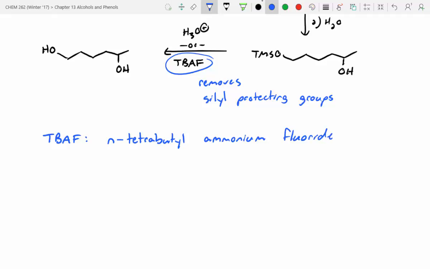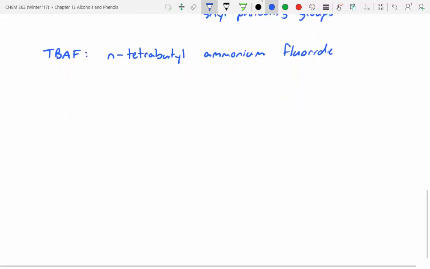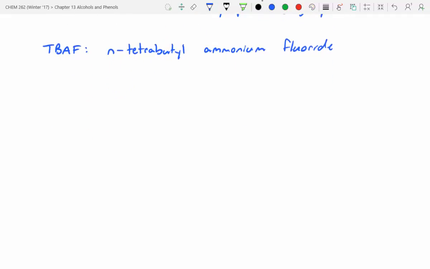That's why we use the TBAF abbreviation, because that's a big mouthful. Essentially what this is, you've got an ammonium cation with 4 butyl groups coming off. So it looks a little bit like a spider.